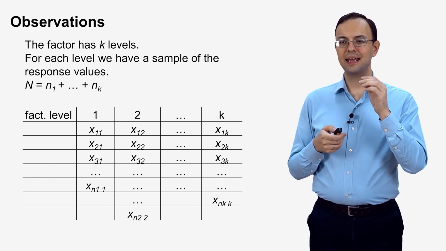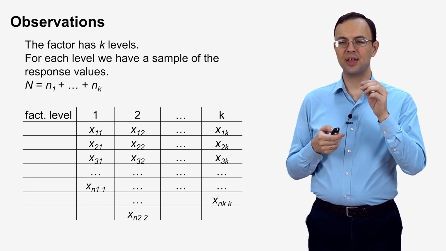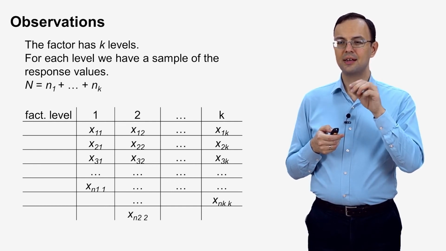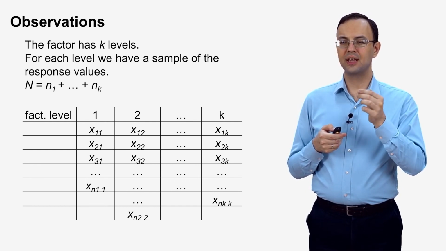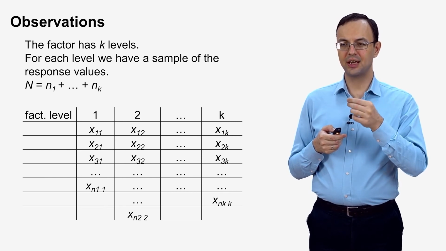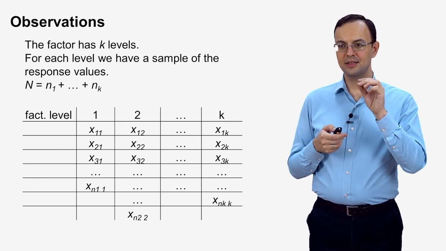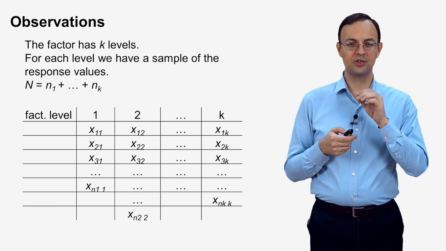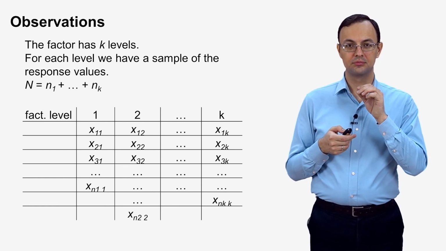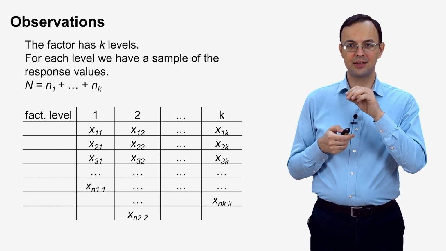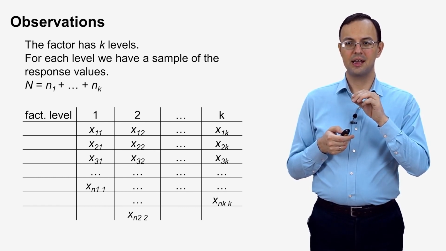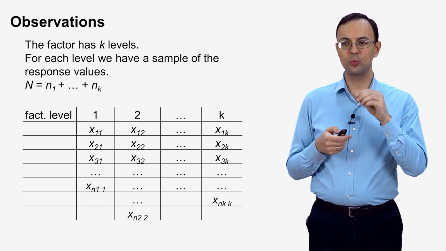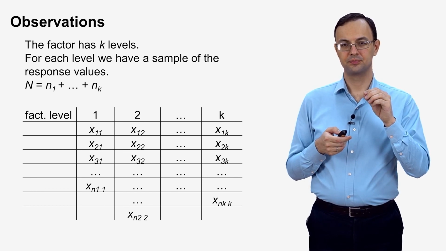So, for example, x11 is to be compared with x12, x22, x32, and so on. Then x13, x23, x33, and so on. So it is compared with all observations that are situated to the right in this table. And that is what is to be done with all observations.